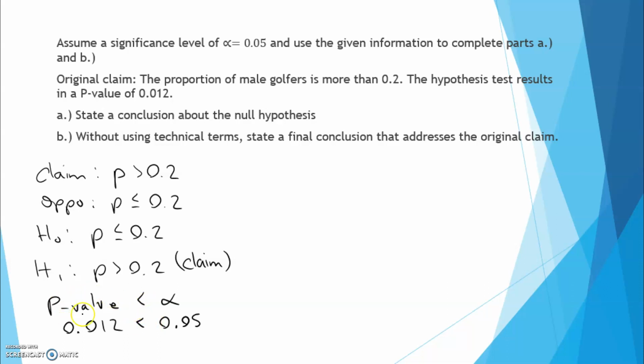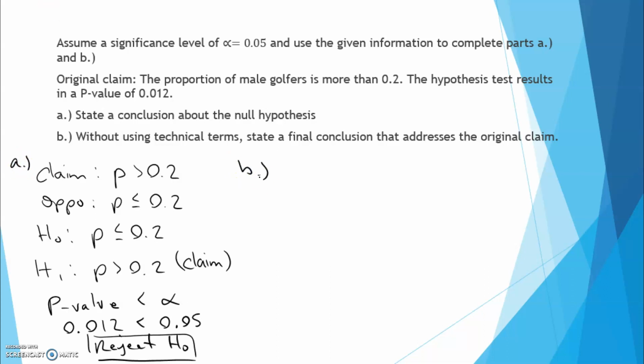Since the p-value is low, the null must go. So we're going to reject H sub 0. That's what they wanted in part A. What are we going to do with the null? We're going to reject it or fail to reject. So this was part A right here.